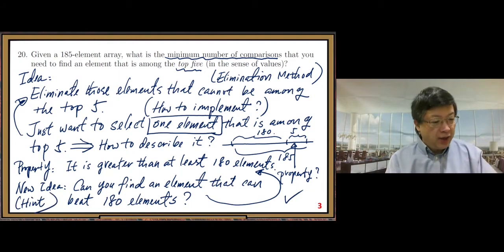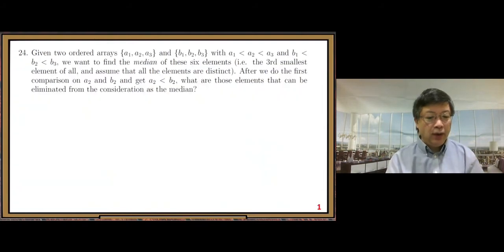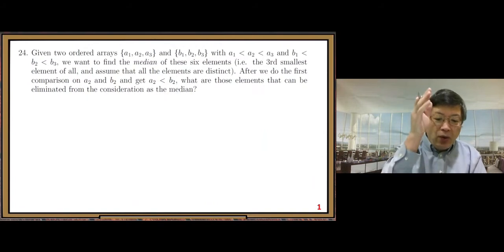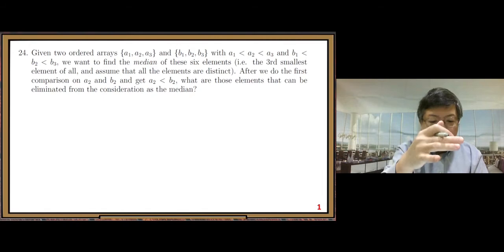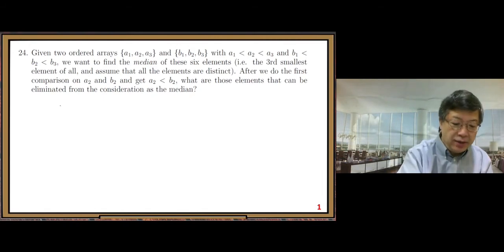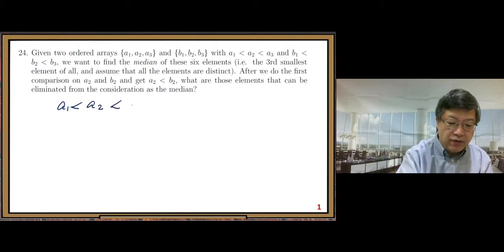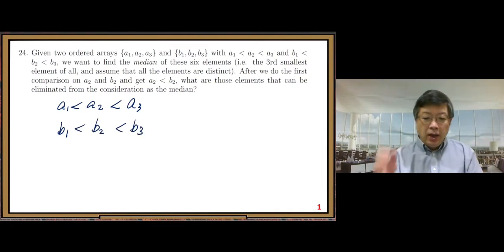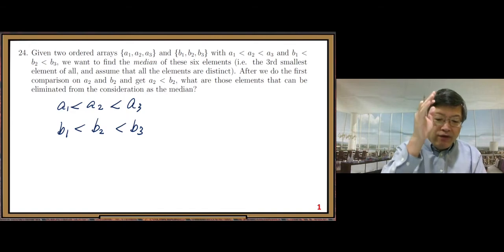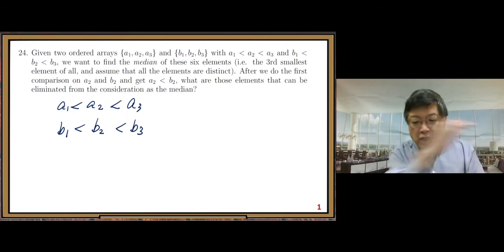Next question. Given 2 ordered arrays, 3-element arrays, A1 less than A2 less than A3, and B1 less than B2 less than B3, we want to find the median of these 6 elements.